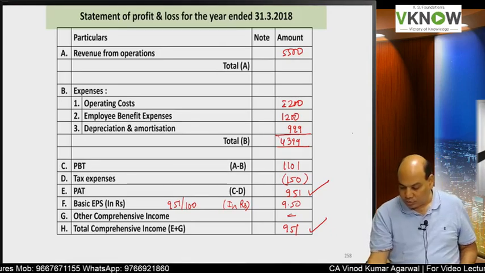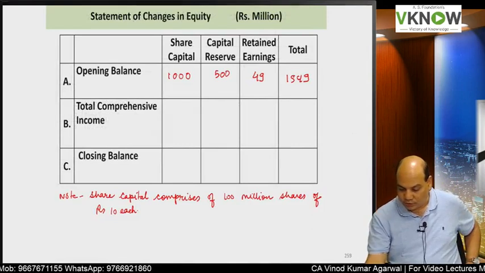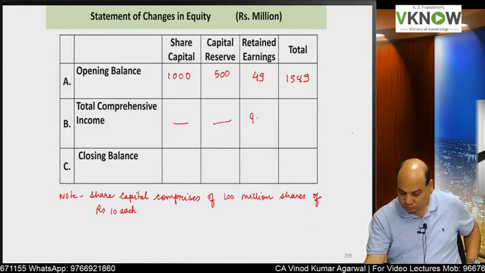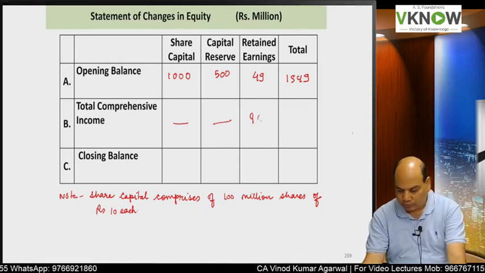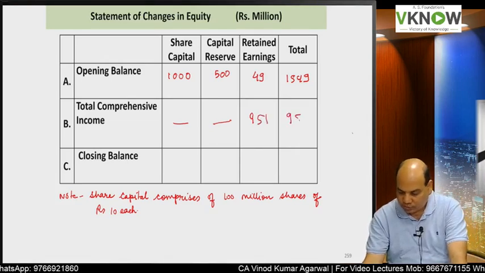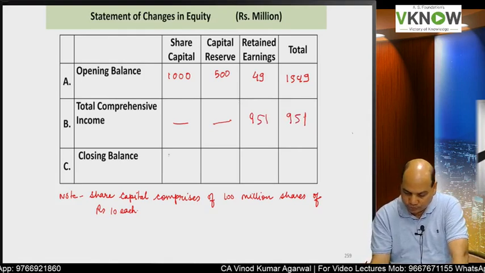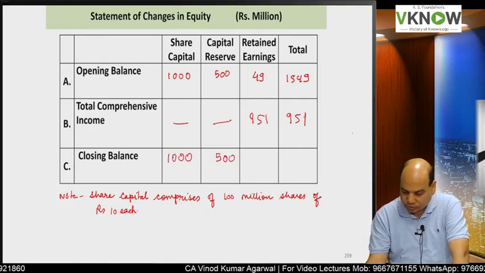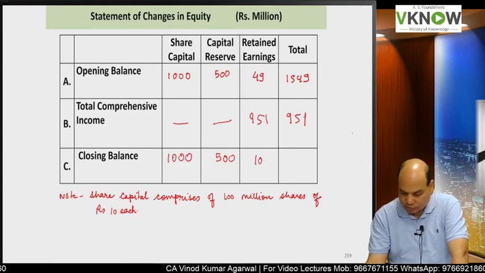So now it's time to close your SOCIE first. How much was current year profit? 951. Is there any dividend in this problem? No. So tell me the total. This 1000, 2500.